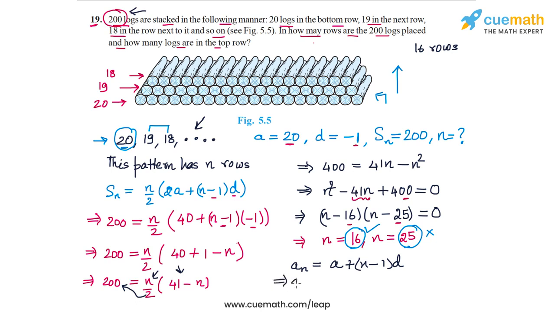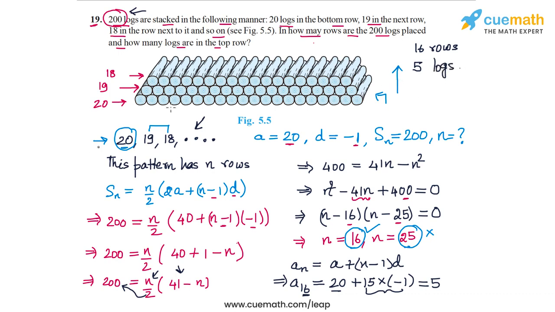So the 16th term will be the first term 20 plus (n minus 1), so n is 16, n minus 1 is 15, so 15 into minus 1, so that's 20 minus 15, which is equal to 5. So in the 16th row, the top row, there will be 5 logs.